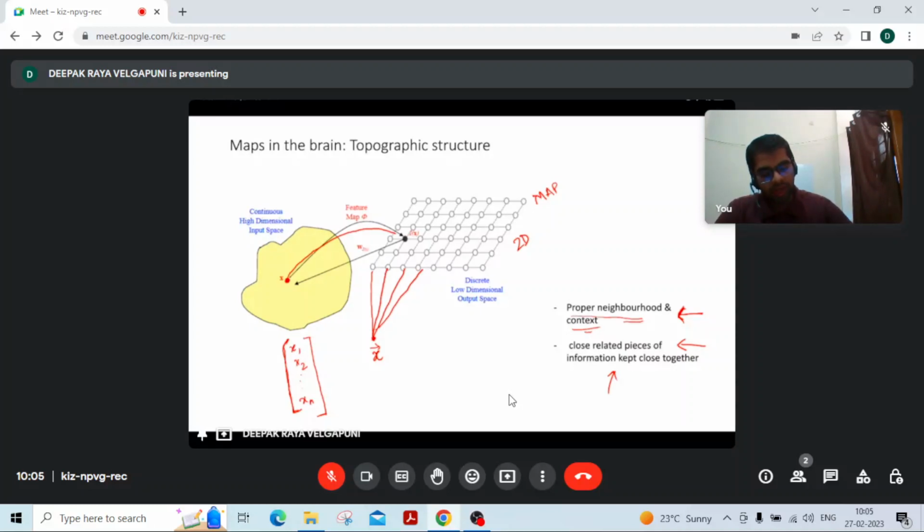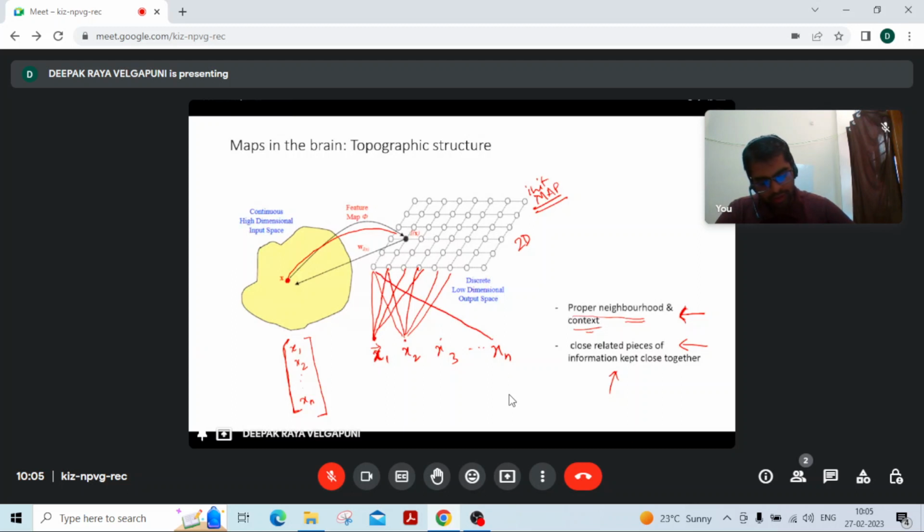This is the initial map you have. So every component, let's say x1, x2, x3, is connected to every node here. So you have all these xn components also coming to one single node. Let's take this as the node of our interest, with all the vectors projecting onto it.